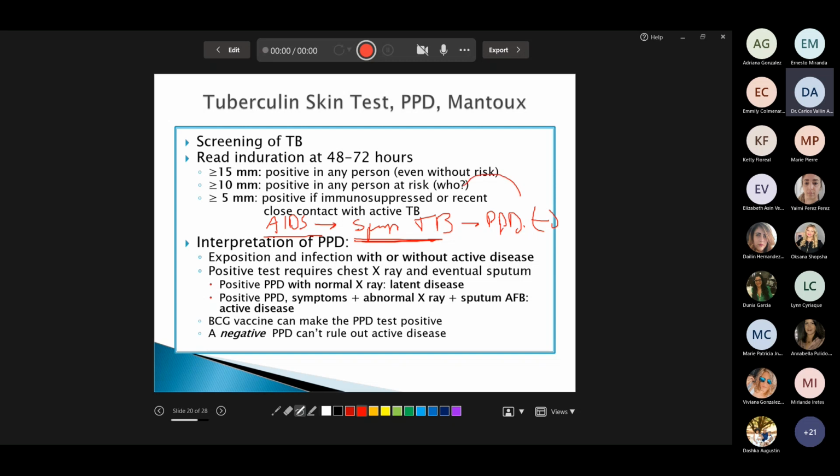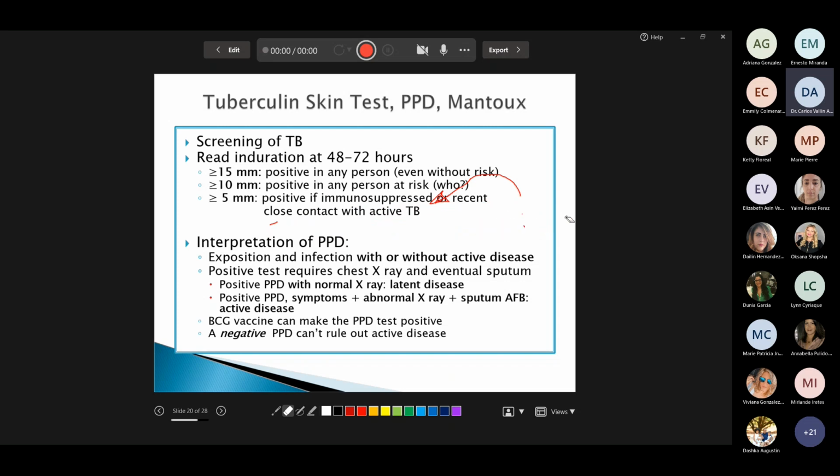Does this rule out the possibility of having active tuberculosis? No. When the person is too much immune suppressed, the PPD can be a false negative. A negative PPD cannot rule out active tuberculosis, especially in people with severe immune suppression.